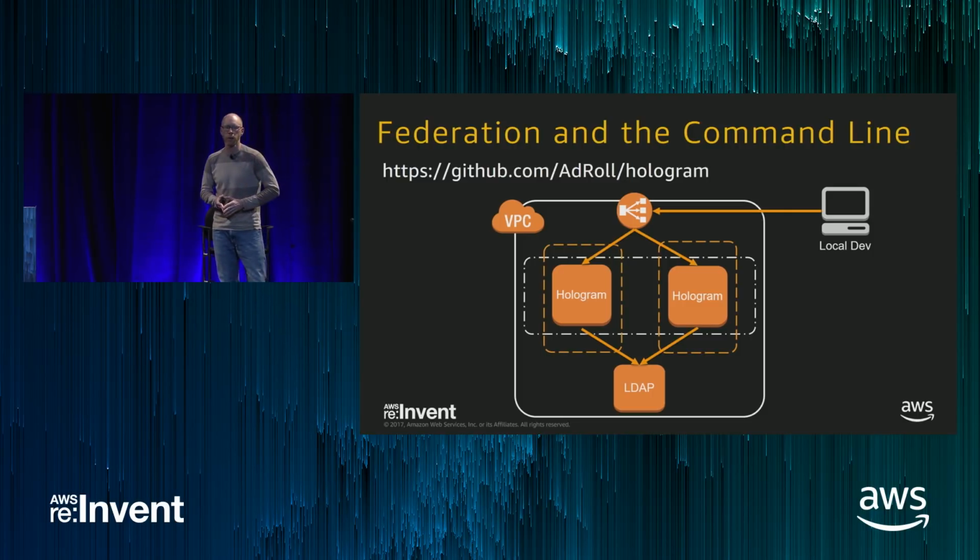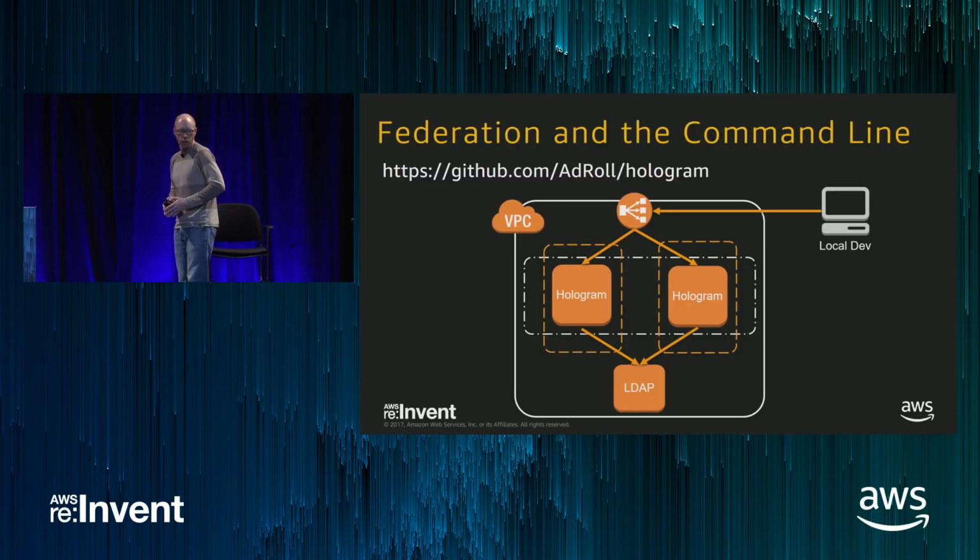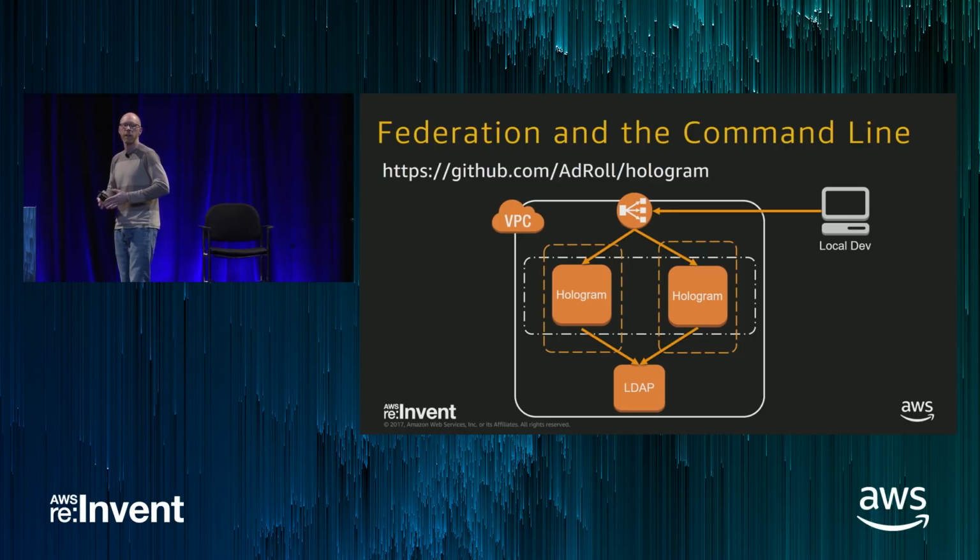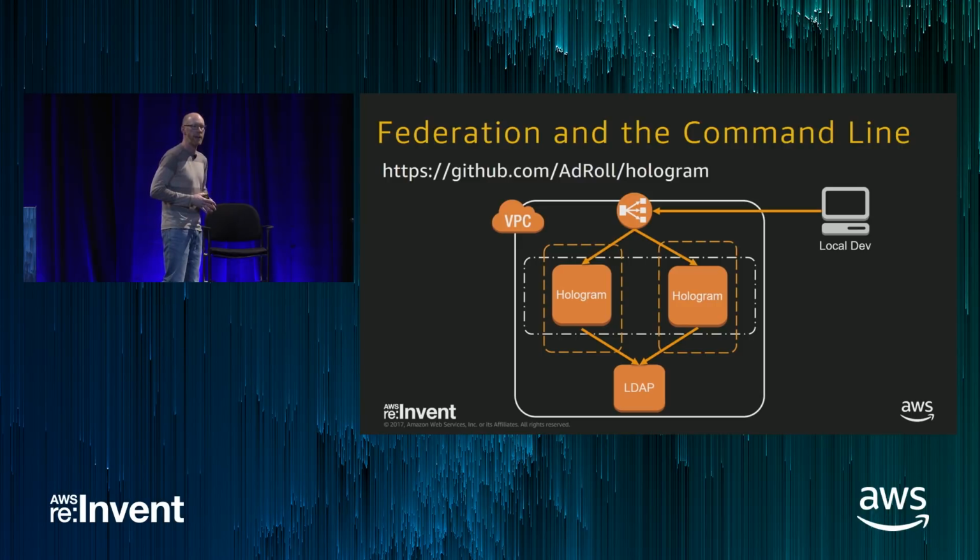It will actually go and retrieve the roles and vend those back to the local development environment. On the local development environment, they're running a Hologram agent that will be that 169.254 endpoint. And if you're using the AWS SDKs already, they're reaching out to that endpoint when you make AWS API calls, so that agent's intercepting those and passing those on to Hologram and giving you the right credentials.